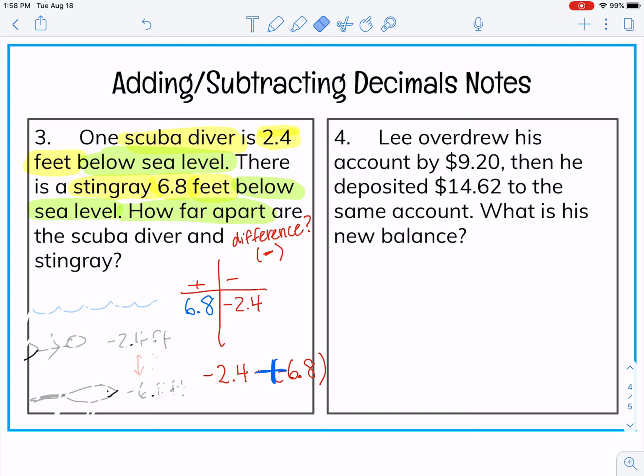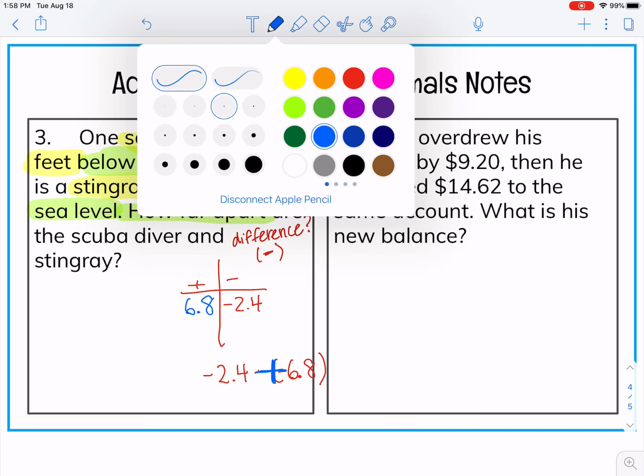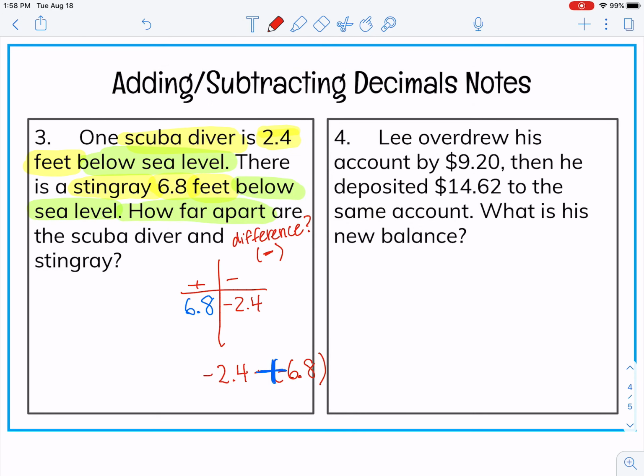And now we can finally do our operational part. I'm going to do my work on the side right here. If we have two numbers on both sides of the t-chart, we know that we are subtracting. So I'm going to subtract the bigger absolute value, 6.8, minus the smaller absolute value, 2.4, and it's already aligned. 8 minus 4 is 4, 6 minus 2 is 4, and then your decimal point comes straight down.